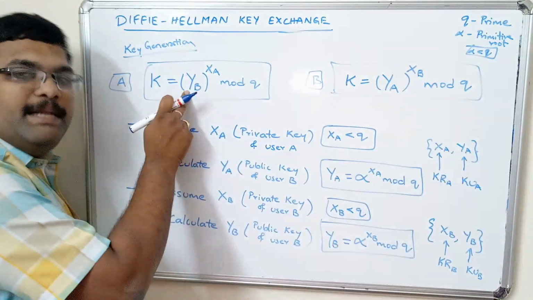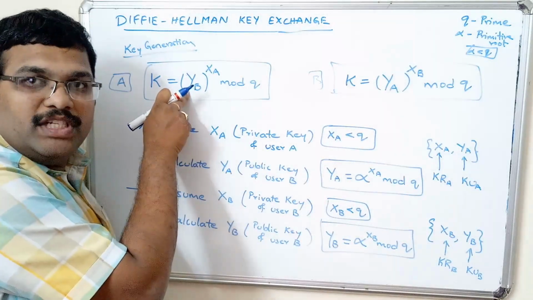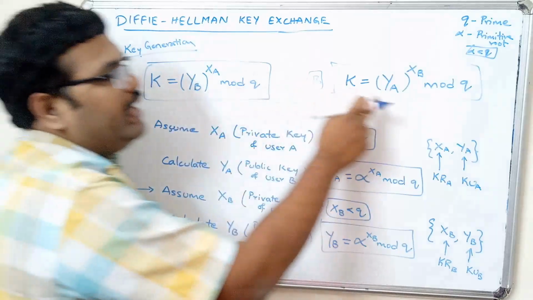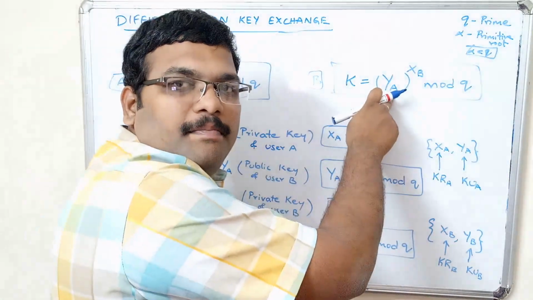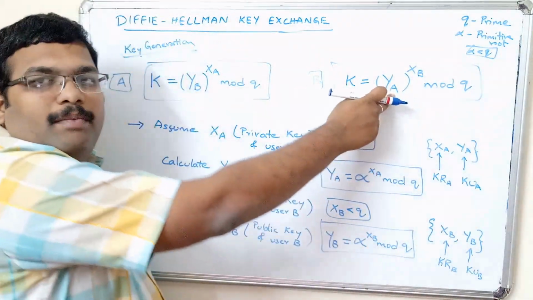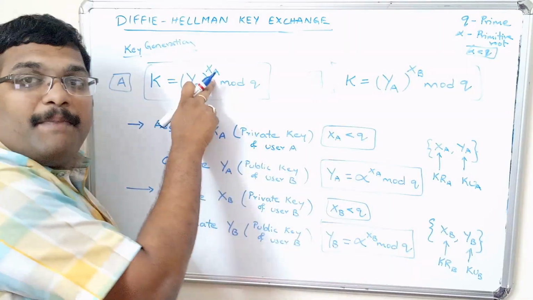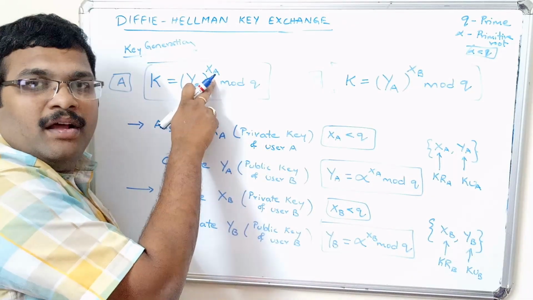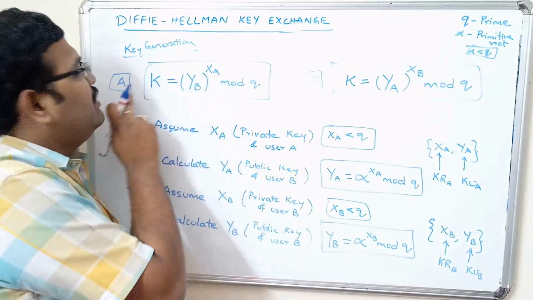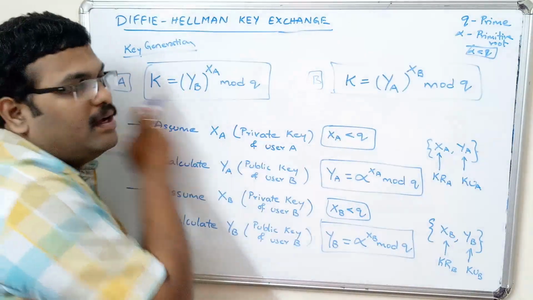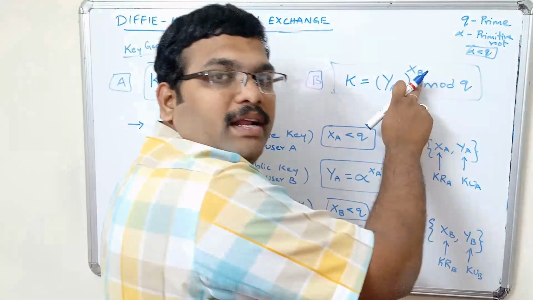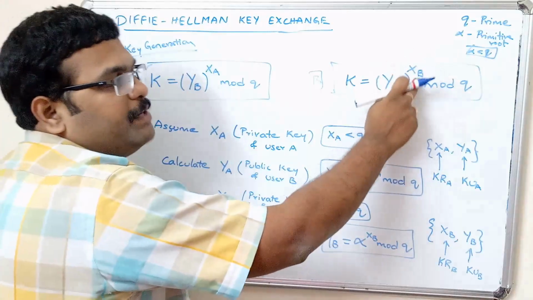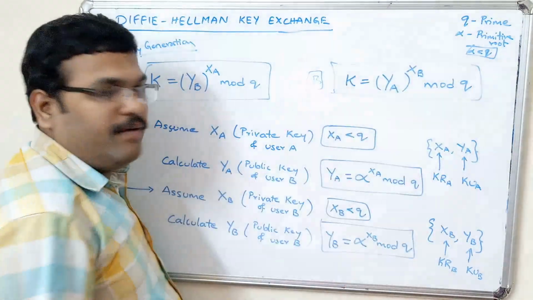Here YB is the public key of user B, which is available in the network. And here YA is the public key of user A, which is available in the network. And XA is a private key which is not shared, so XA is used at the sender side itself. And XB is also a private key which is not shared, so XB is used at the receiver side itself.